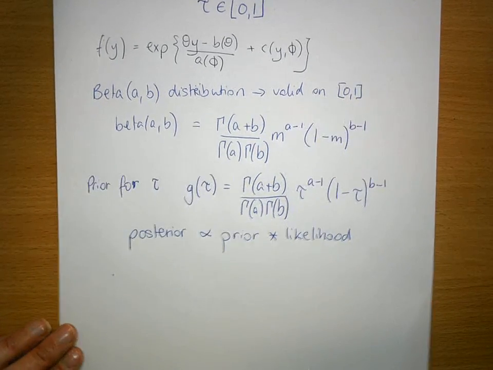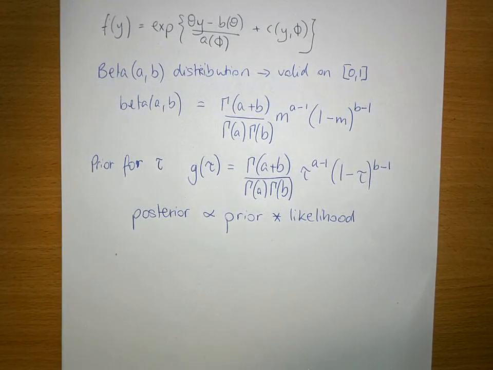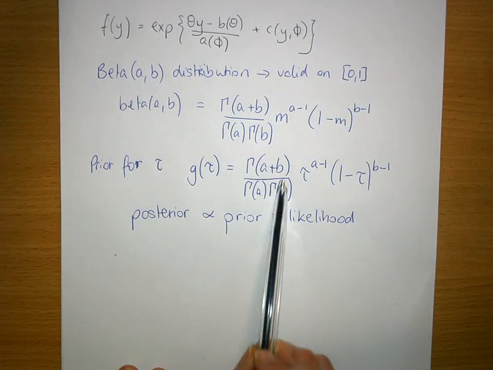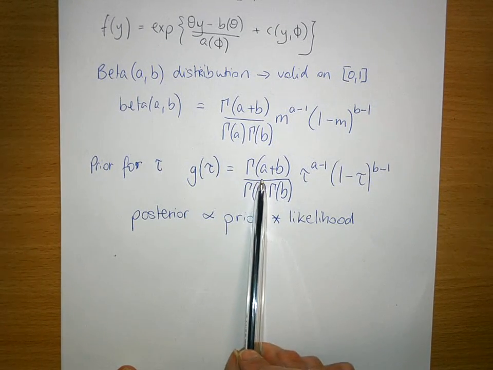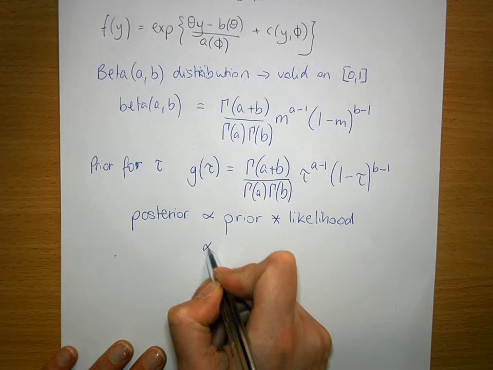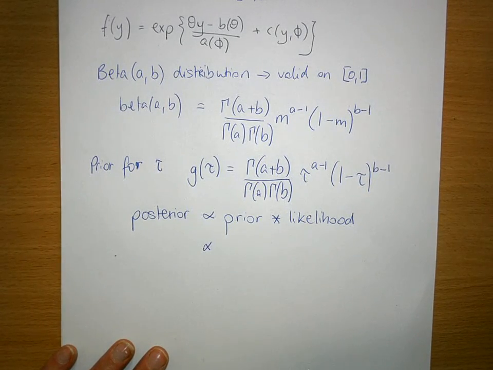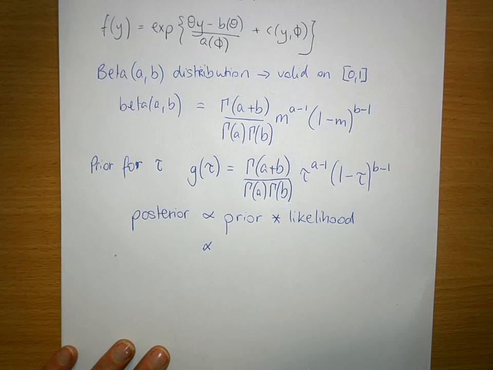So we're only going to be worried at this point up to the constant of proportionality. We'll worry about that at a later point. So we can essentially ignore all this bit, because that's just a constant. We don't need to carry around constants with us.